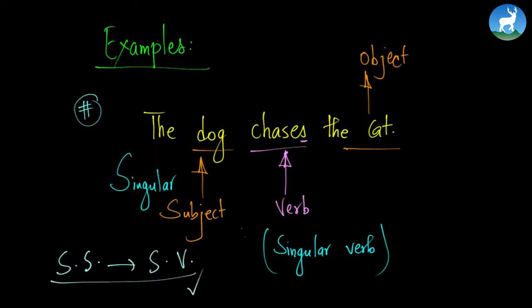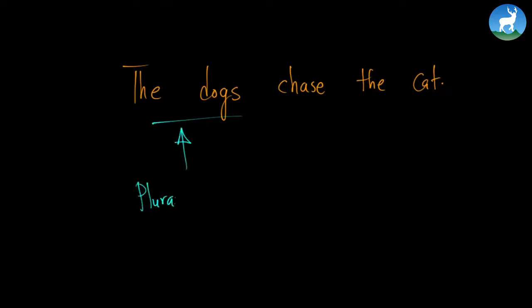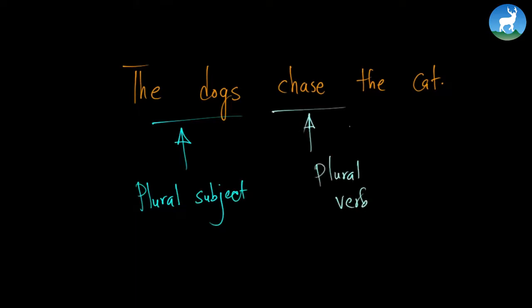Now let's go to the second part of the first rule. Plural subject takes plural verb. Let's do that. The dogs chase the cat. Now let us look at this example. The dogs. So what is this? It is called plural subject followed by a verb. Chase is a plural verb because no s is used.